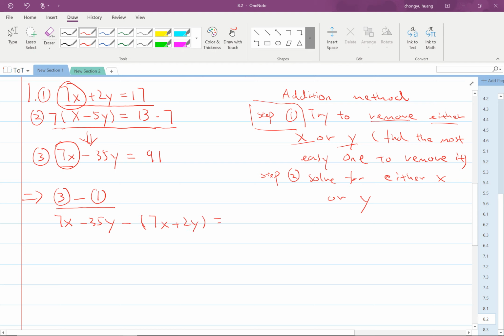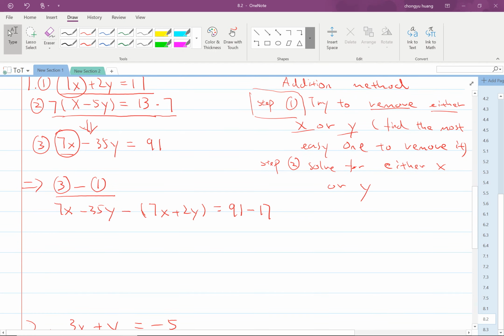It's simply equal to 91 minus 17. After that everything is just gonna get cancelled. So this is how you actually remove things. Minus 2y is actually equal to 91 minus 17, which is 74.